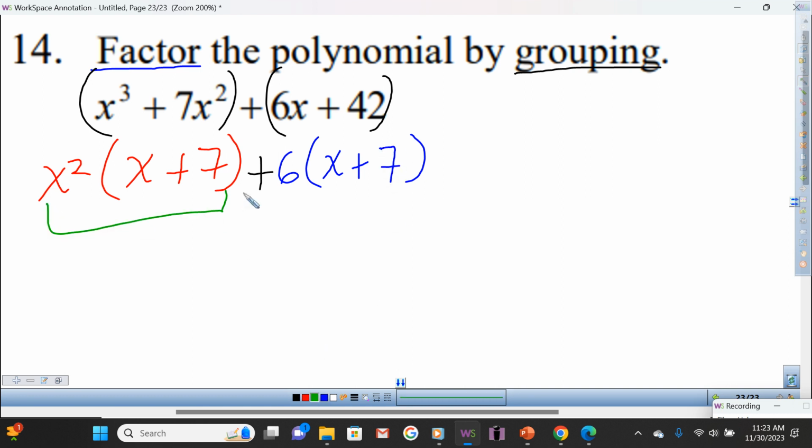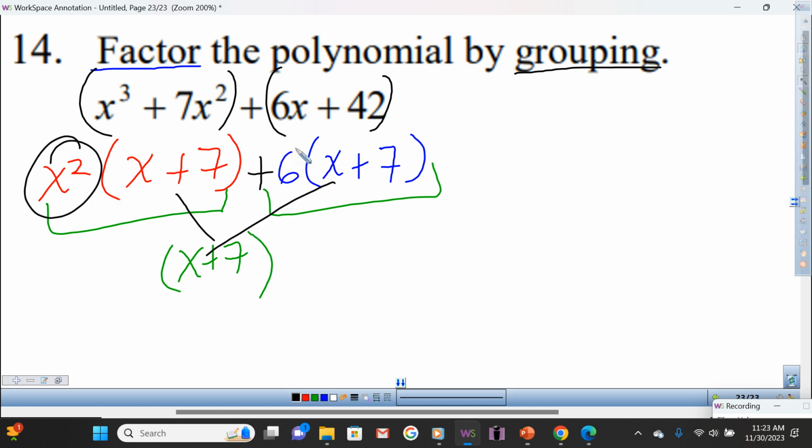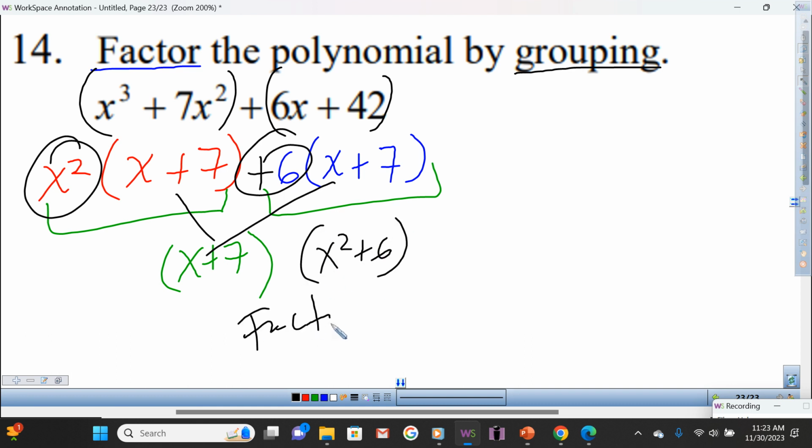So question, what's the same here and here? What's the same? X plus 7, so that's one factor. So if we brought this out, what's left? X squared plus 6, bless you. These are my factors.